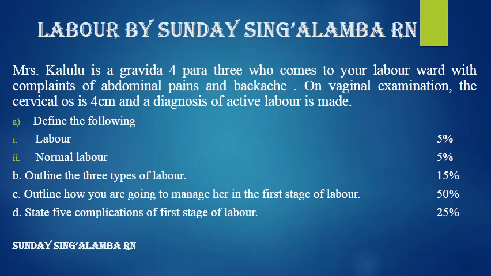There we observe for cervical dilatation, descent of the head, and also uterine contractions. Under uterine contractions, we observe the length, the strength, and also the frequency of uterine contractions.